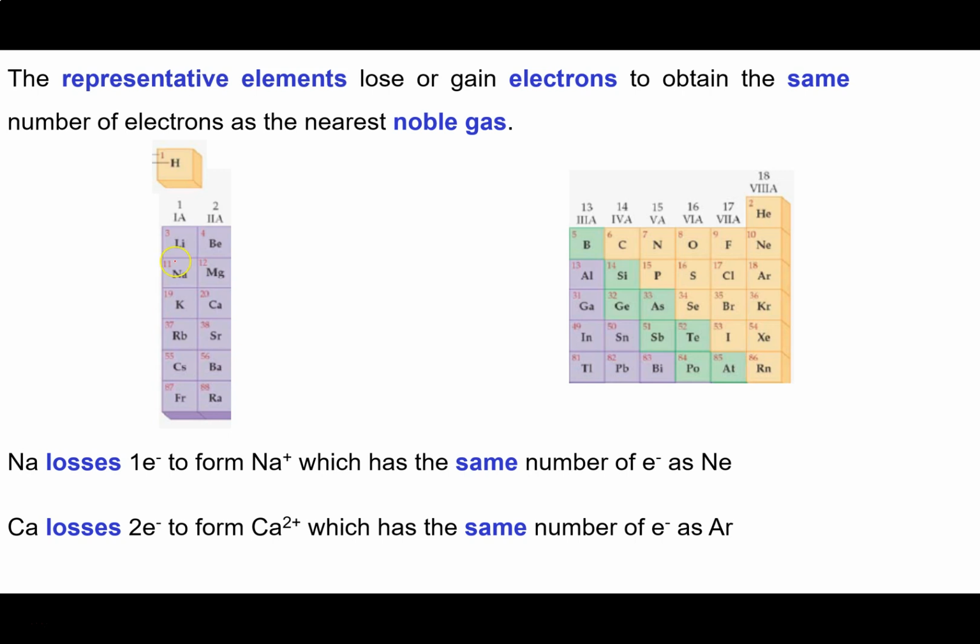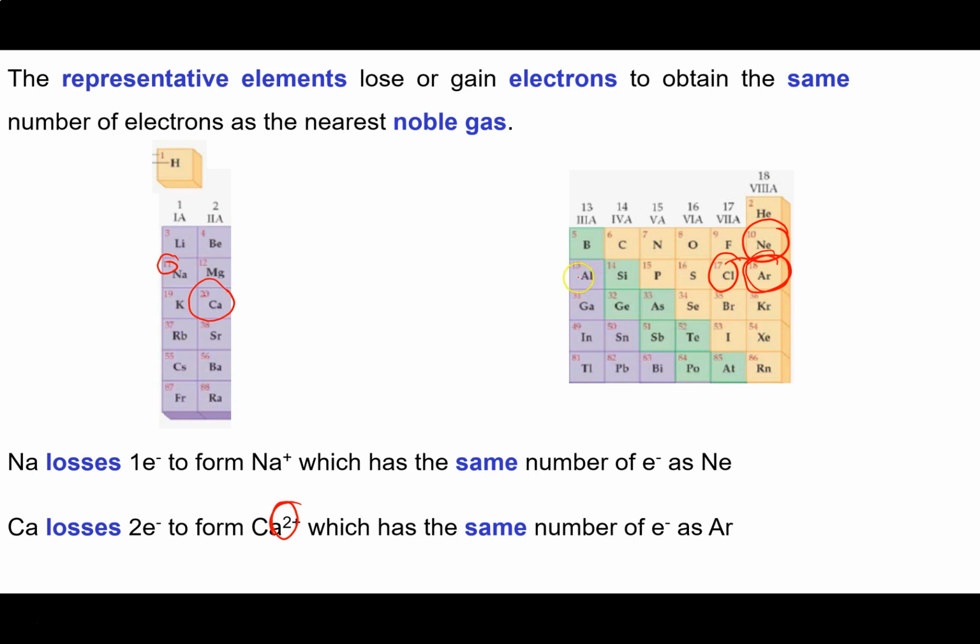We already saw that sodium likes to lose one electron, so it's like neon. Chlorine likes to gain one electron, so it's like argon. Calcium likes to lose two electrons, so it's like argon. That gives it a charge of +2. And so on. That's how it works.